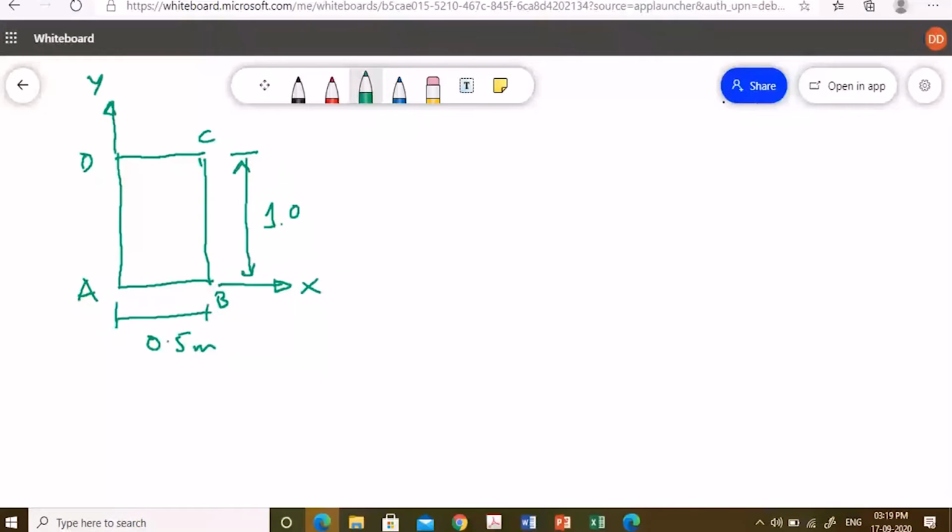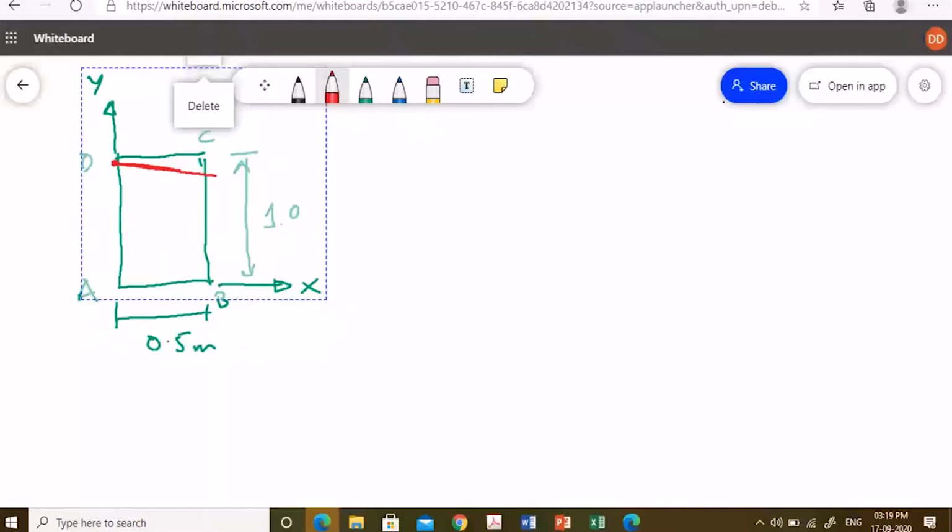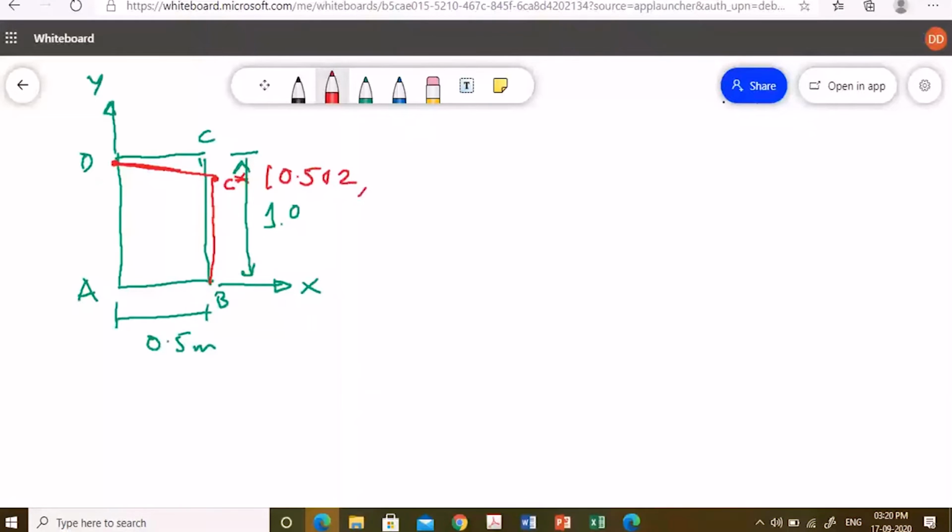This is the dimension. Now, because of the stresses, what happened is this has deformed like this from this point on. This is the same point. So point C becomes C star. And the coordinate of C star, I can give you, coordinate of C star is 0.502, 0.996.